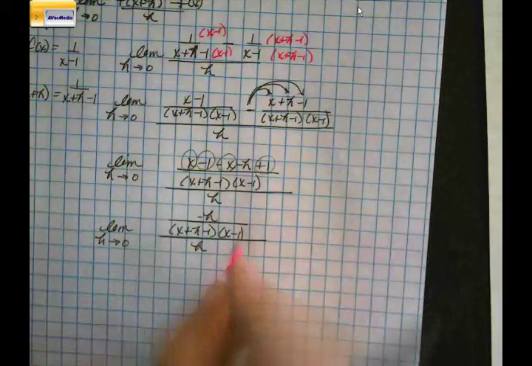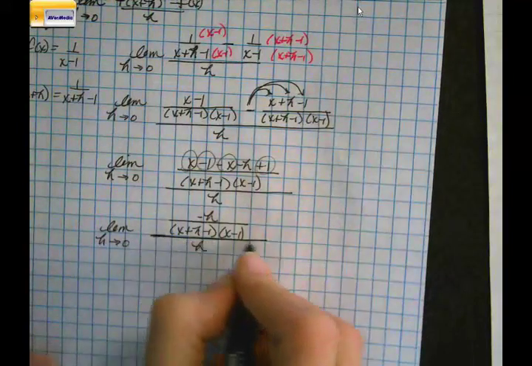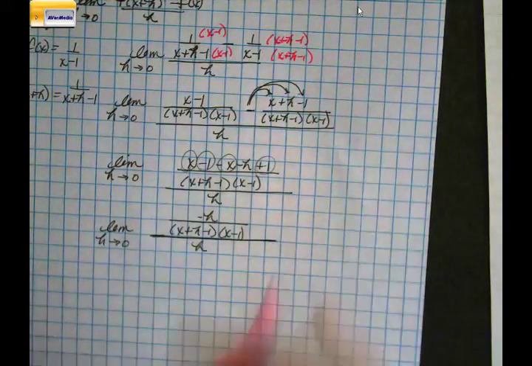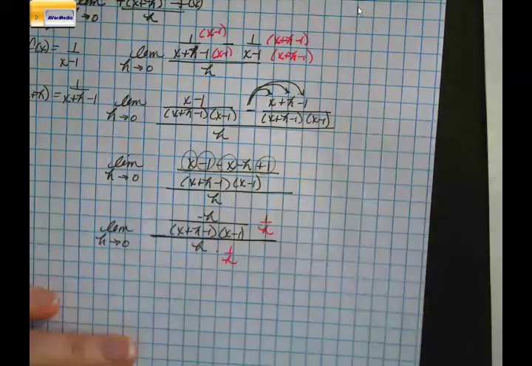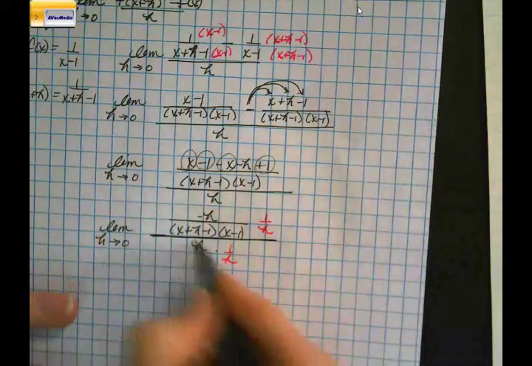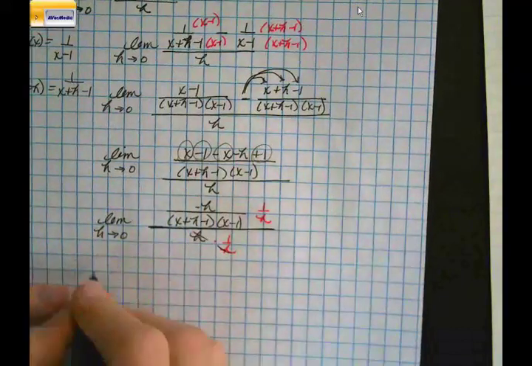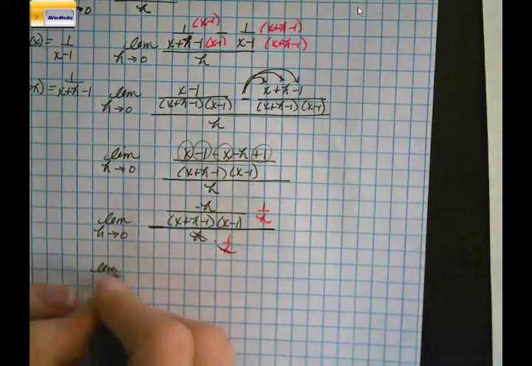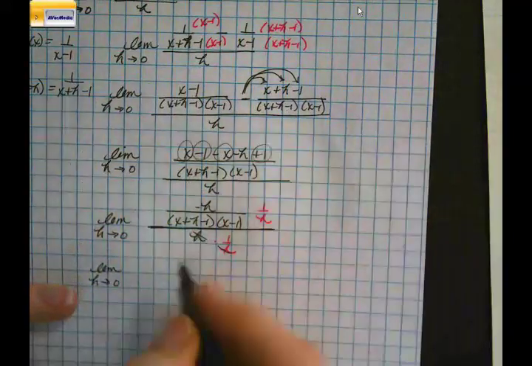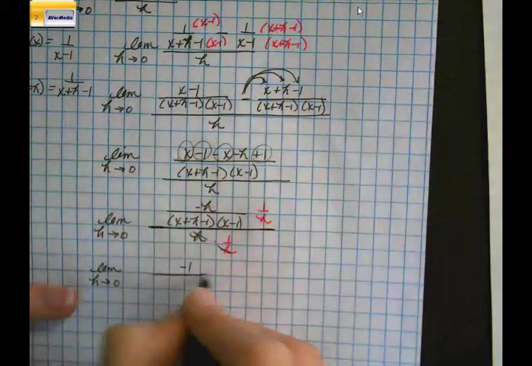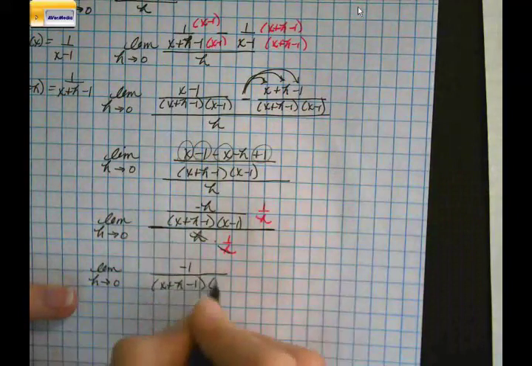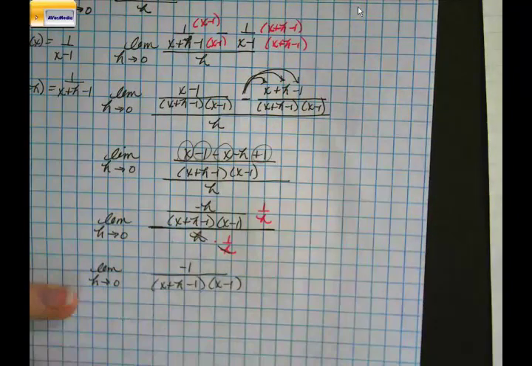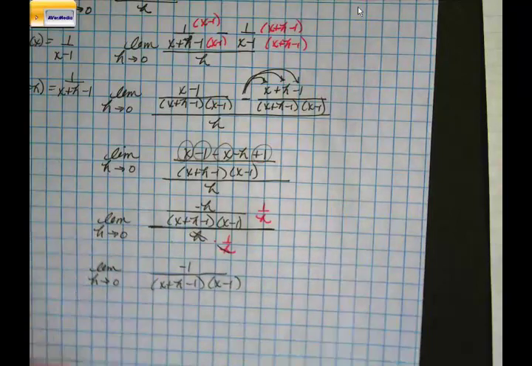This is like the major division bar, the big one. So I'm going to multiply the bottom and the top times 1 over h. So then these h's go, the denominator becomes 1. So this becomes a negative 1 over x plus h minus 1 times x minus 1 all over 1.